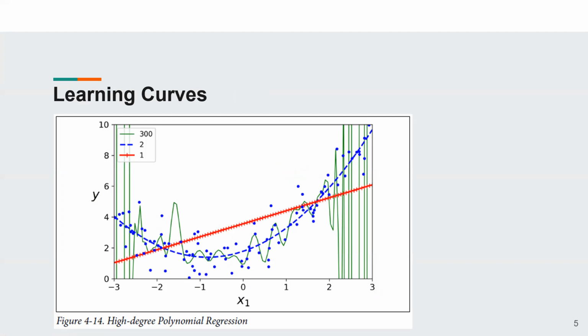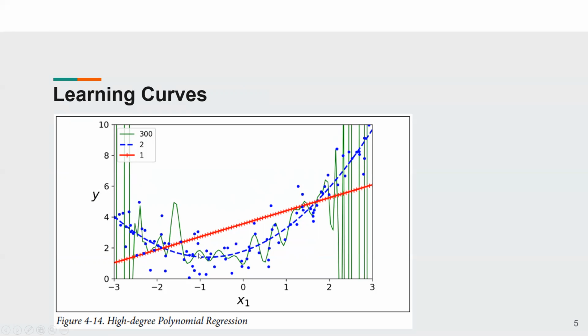So what if we increase the degree of the polynomial regression? For high degree polynomial regression, you can see here for 300 degrees, which is the green line, it is trying to fit the data very, very well, trying to capture pretty much every single change of what the model sees from the data.